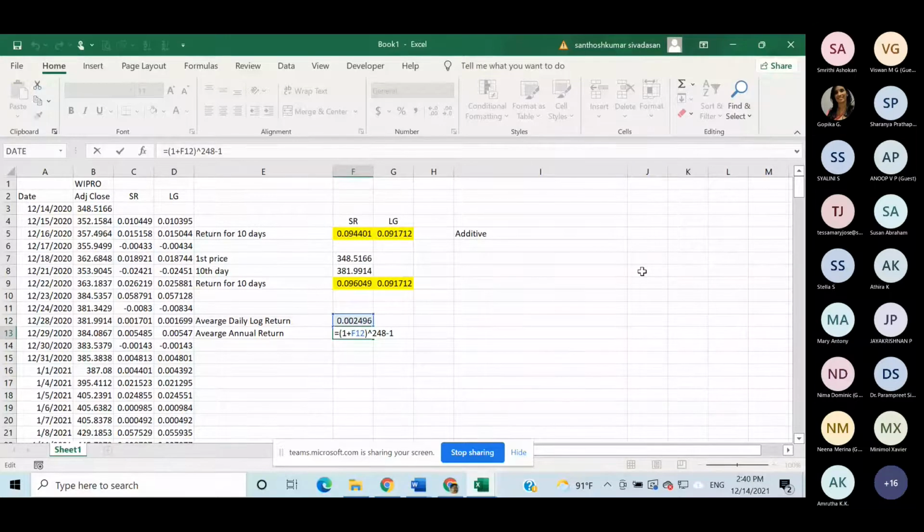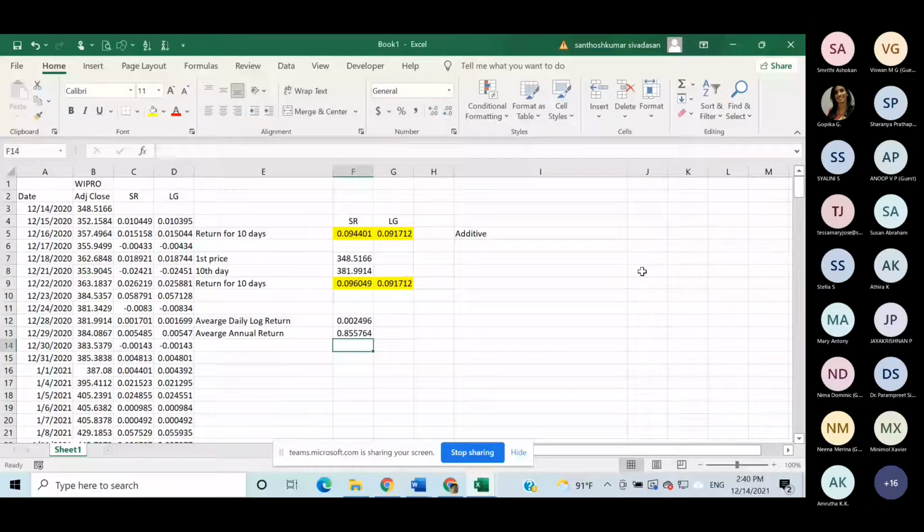Here it is 248, or use 250 if there are 250 trading days, minus 1. So Wipro's average annual return is this much.